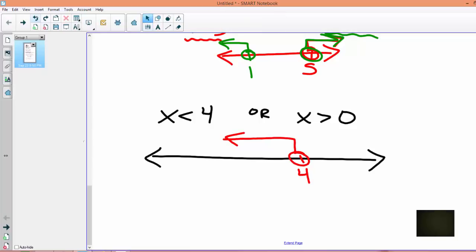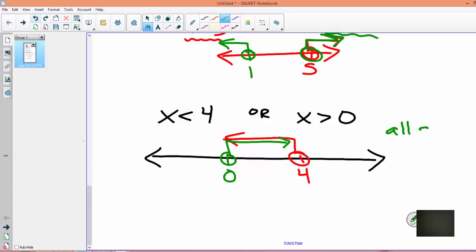At 0, you are going to have an open circle with an arrow to the right. The word is "or". So where is one or the other or both? It is all solutions. It is everywhere.